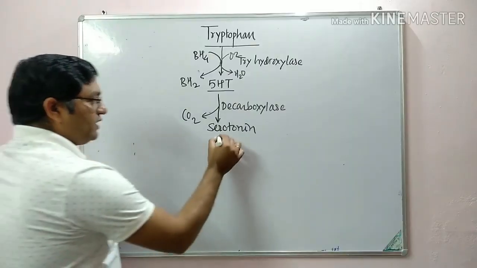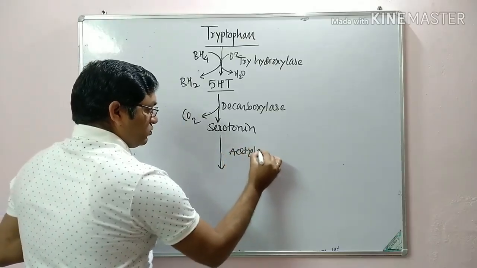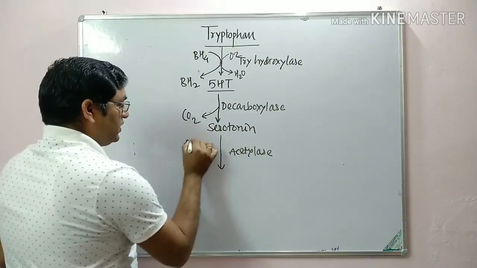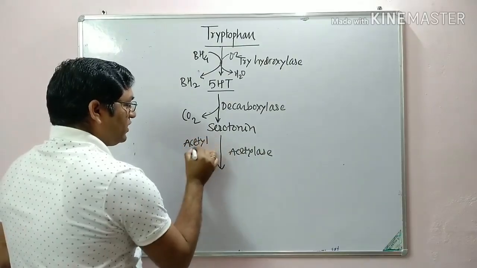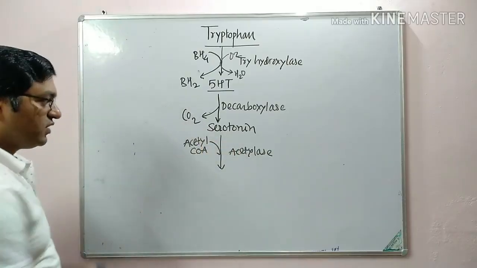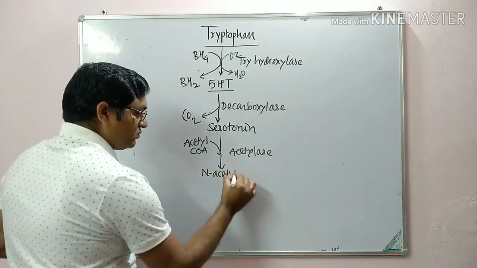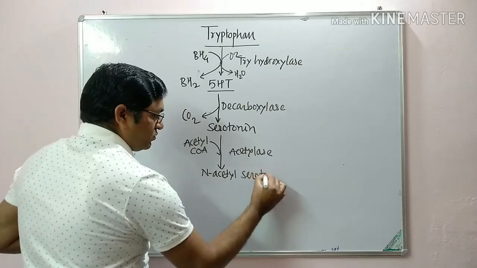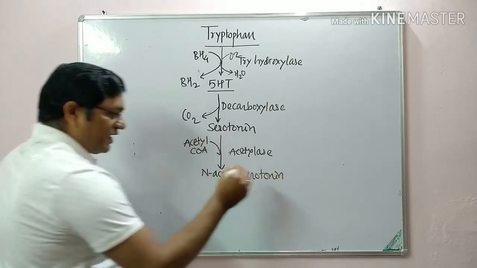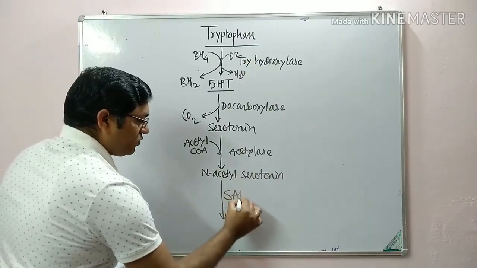Then with the help of acetylase, there is addition of acetyl-CoA, coenzyme A, and it is converted into N-acetylserotonin. This N-acetylserotonin accepts a methyl group from S-adenosyl methionine.